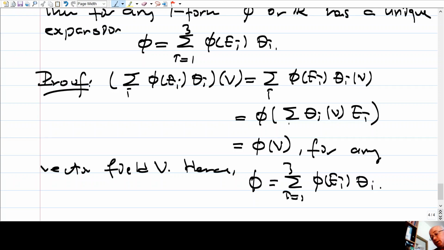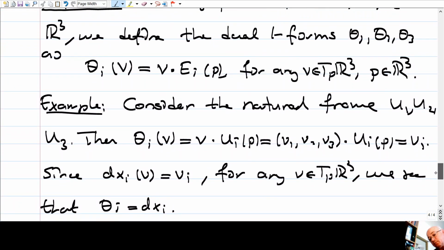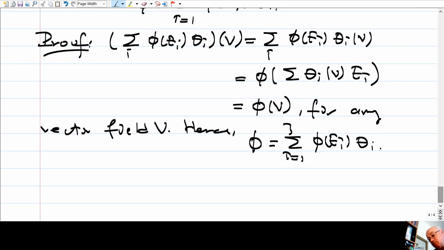So it is equal to this one, but you know the definition of this is just I take this and compute on this vector field.